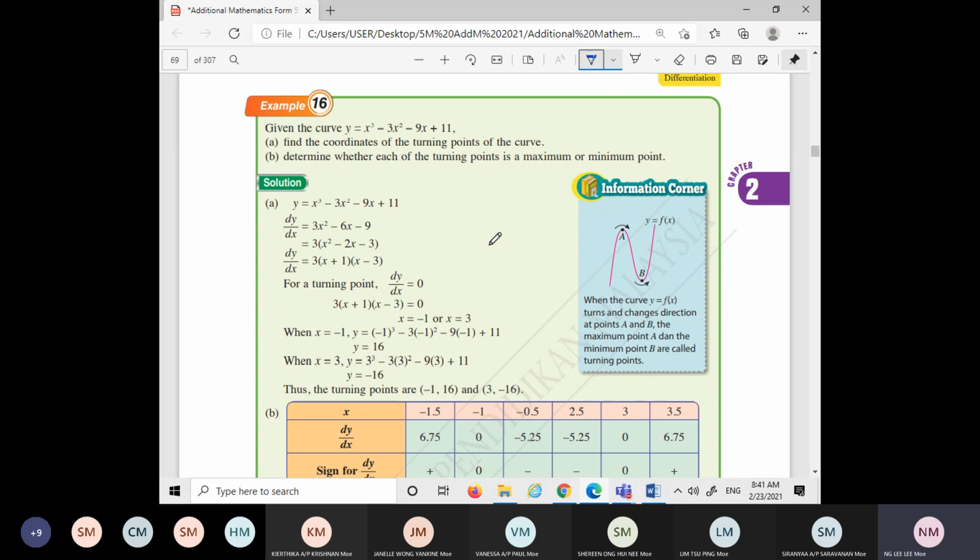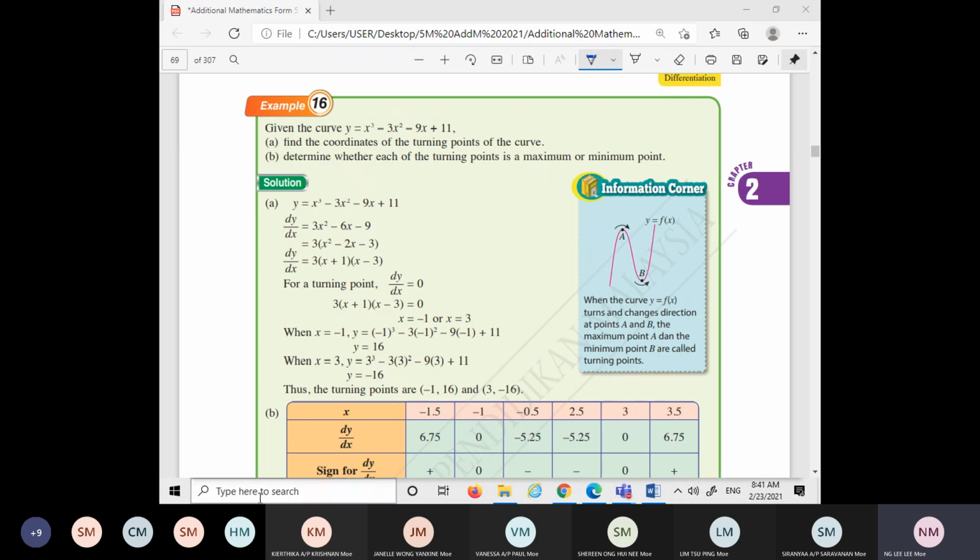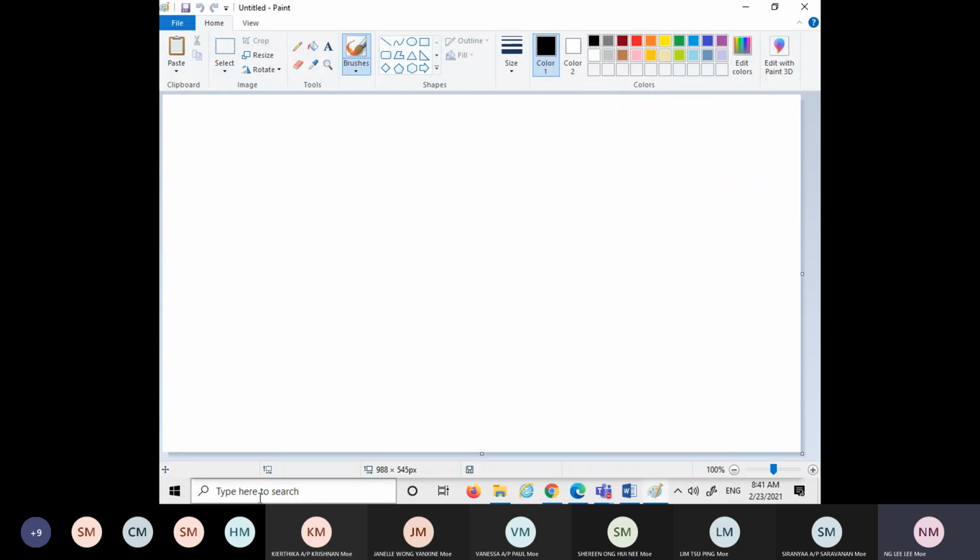So now maybe I use the pen here. This is example 16. The function is y equals x to the power 3, minus 3x squared, minus 9x, plus 11.